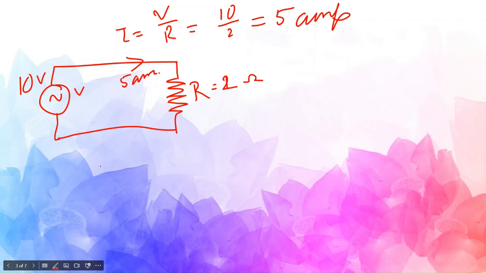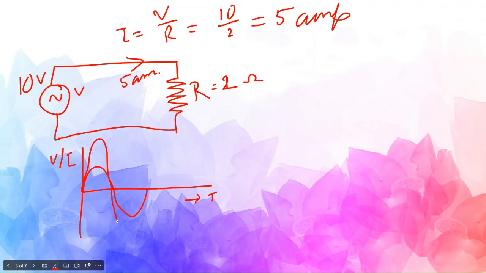Now if I want to draw this as a waveform, what it will look like? This side is voltage or current, and this side is time, right? So let's say this is the current waveform, and then this will be the voltage waveform.